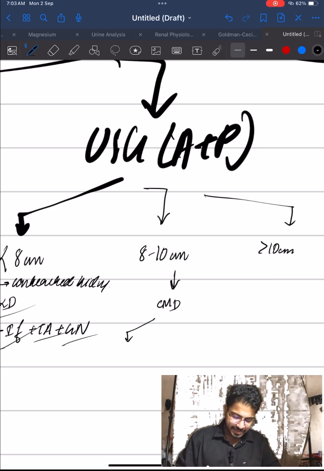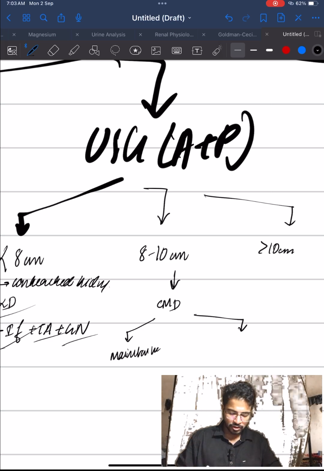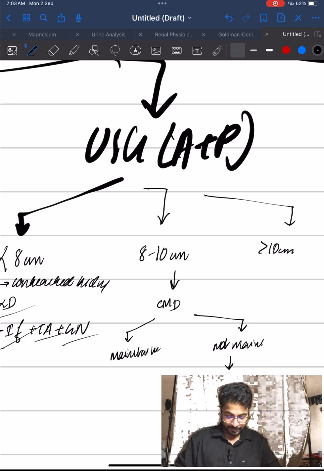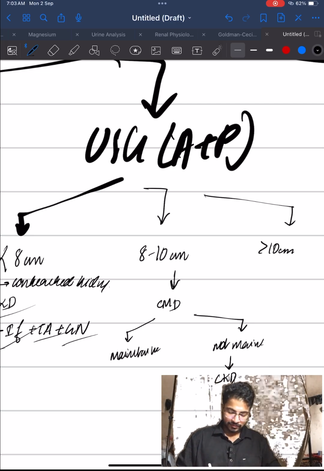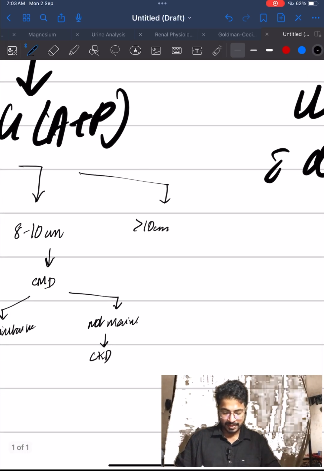If the kidney size is 8 to 10 centimeter, what will you look for? We will look for the CMD, corticomedullary differentiation, whether it is maintained or not. If it is maintained, well and good. If it is not maintained, again it is CKD.